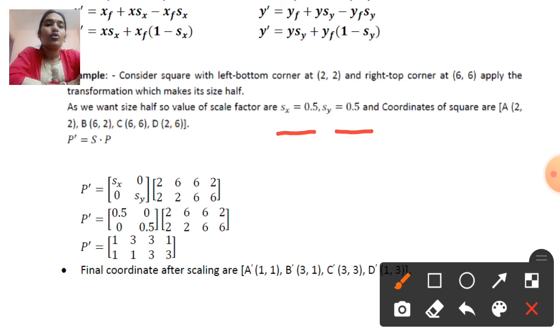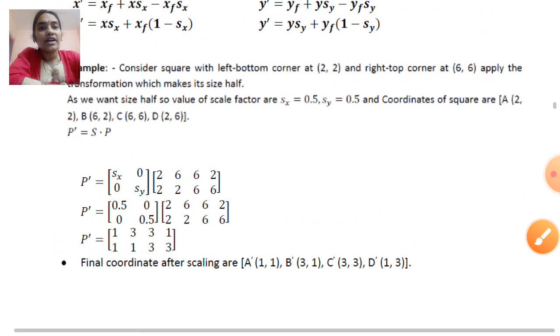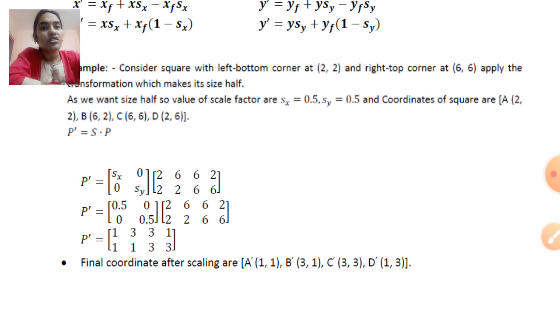As you all know, P dash equals S dot P. S is the matrix with sx, 0, 0, sy, and P is the matrix of the four position coordinate points: A is (2, 2), B is (6, 2), C is (6, 6), D is (2, 6).